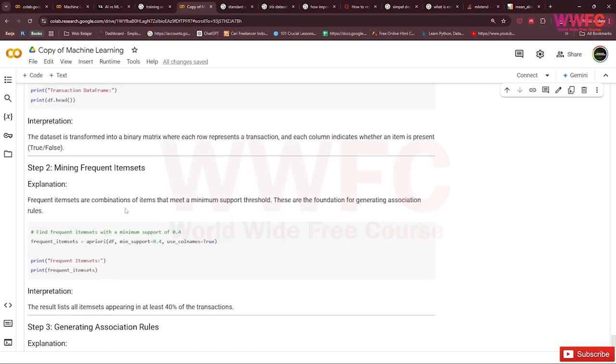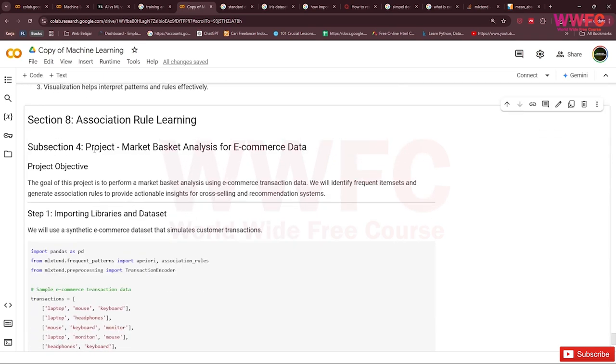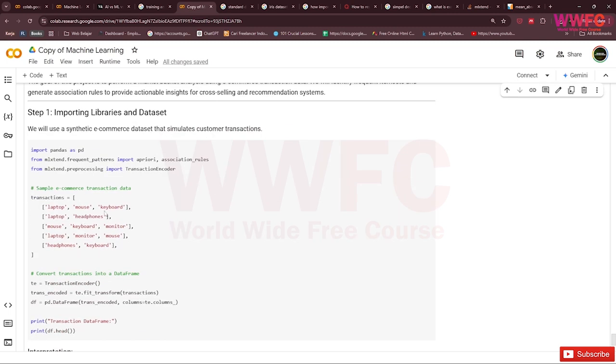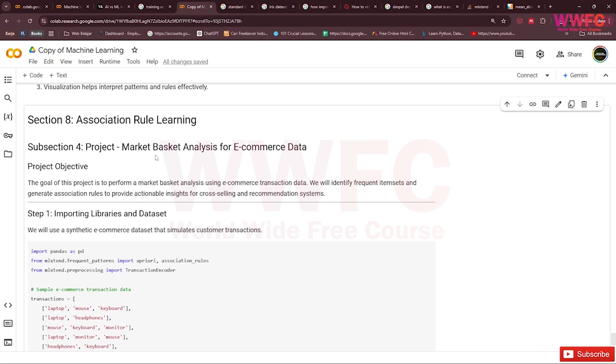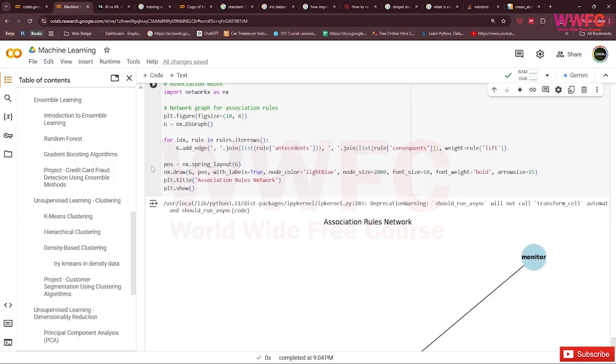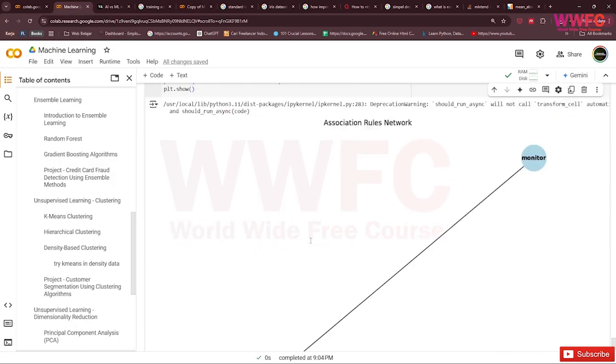So actually we just made a simple project, using market basket analysis for e-commerce data like this. Okay, I think that's done for the machine learning, because this is a simple but powerful analysis. This is a machine learning basics course, so you should know this.